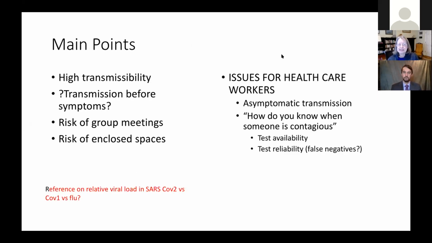So the main points of this first section of the talk are that there's high transmissibility, transmission before symptoms, risk of group meetings, risk of enclosed spaces. And so asymptomatic transmission becomes important. And then the question of how do you know if someone is contagious? And the message is you protect yourself when you're in a healthcare setting. And we'll talk about that later in this talk.